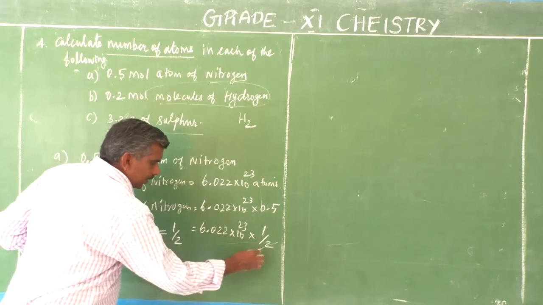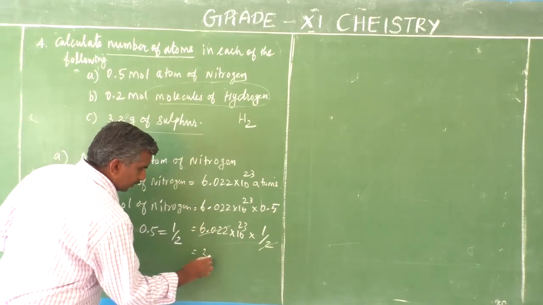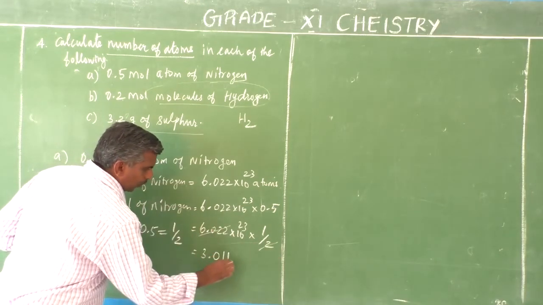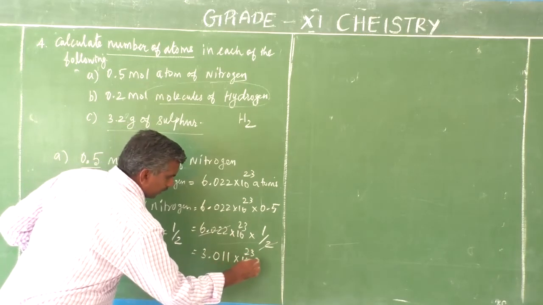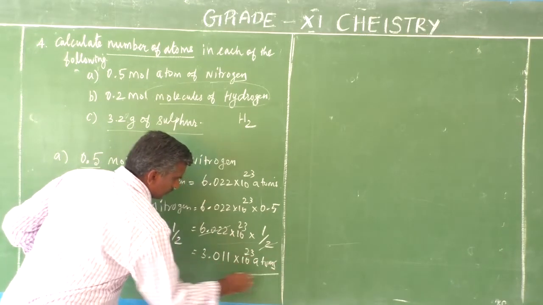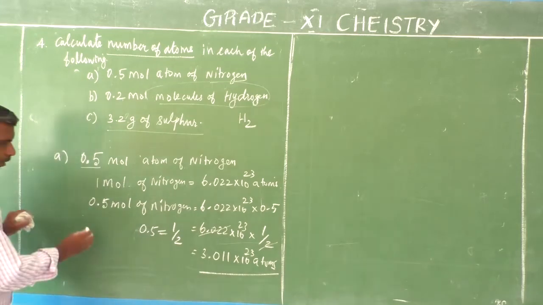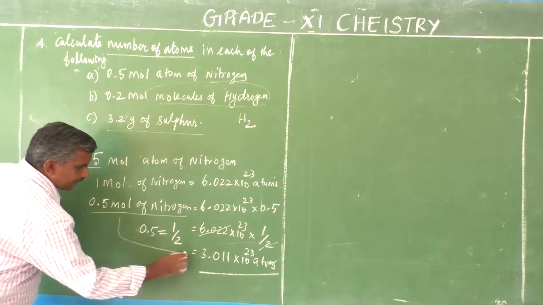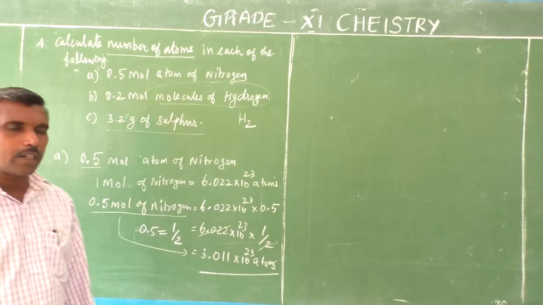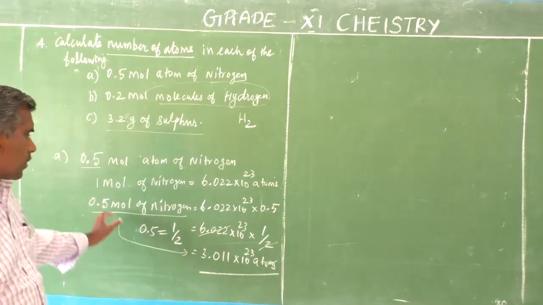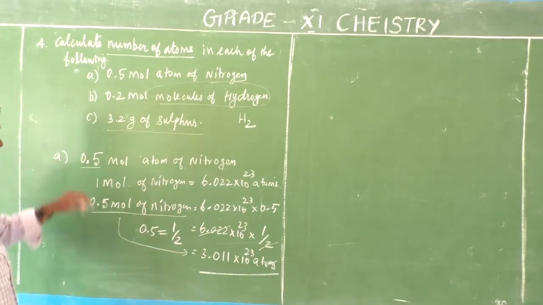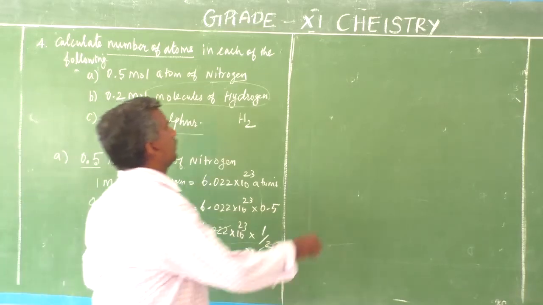Now it cancels. 3.011 into 10 power 23 atoms. So 0.5 mole of nitrogen contains 3.011 into 10 power 23 atoms. It's a very easy question. Now second question.